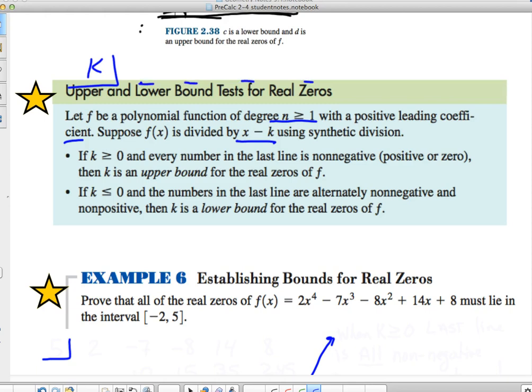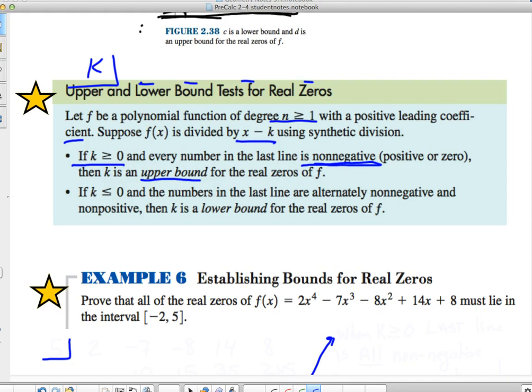If k is greater than 0, and every number in the last line is non-negative, could be positive, could be 0, but none of them will be negative, then k is the upper bound. That's k is as big as any zero I could find.